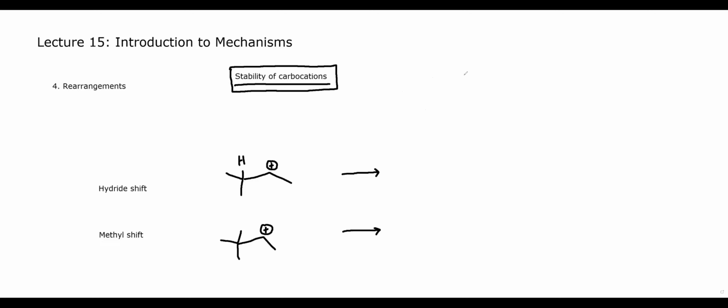The most stable carbocation we can have is the tertiary carbocation, followed by a secondary carbocation, followed by a primary carbocation, followed by a simple methyl carbocation. Okay, so let me draw these out here.